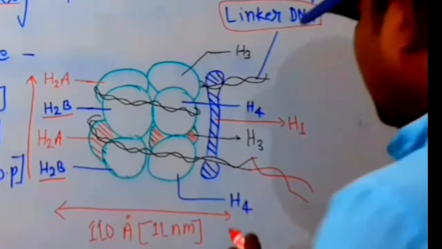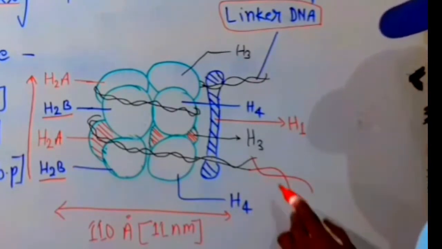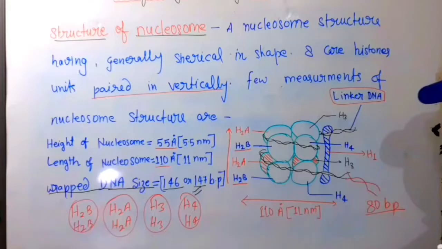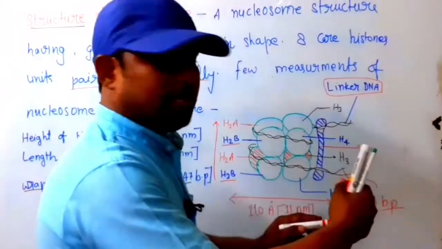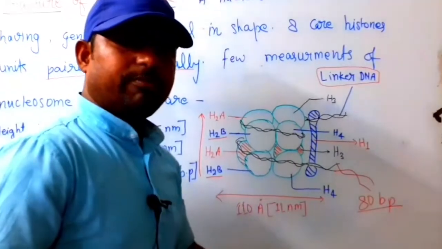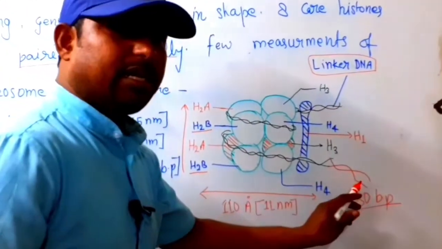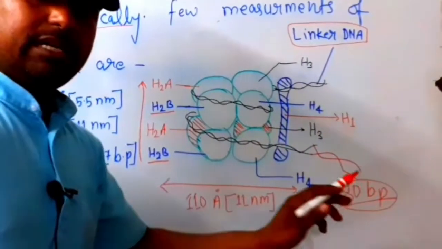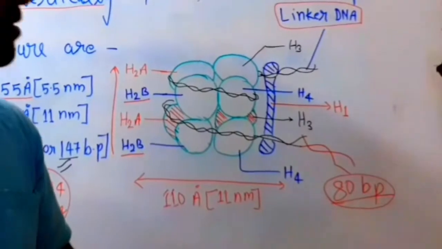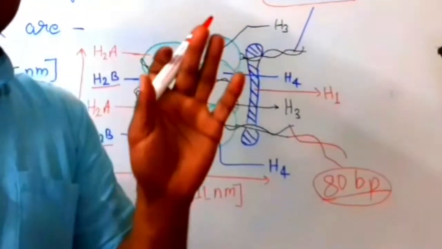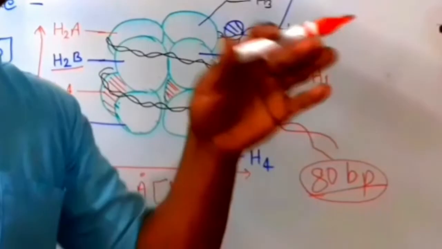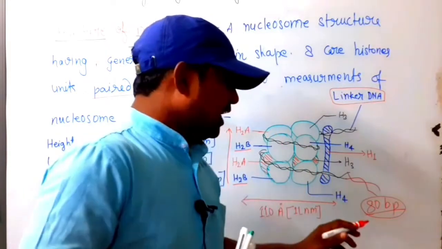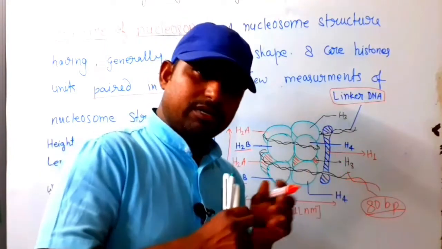This is the linker DNA. This linker DNA sometimes has 80 base pair. The next nucleosome attaches to this linker DNA after the 80 base pairs. What are base pairs? It refers to the 4 types of bases we discussed in earlier lectures, adenine, thymine, and so on.